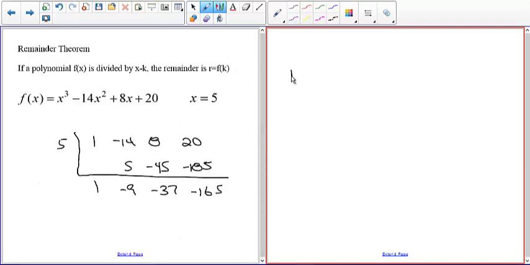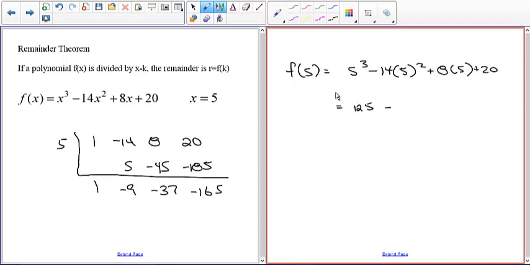But if I evaluate the function at x equals 5, I'll get 5 cubed minus 14 times 5 squared plus 8 times 5 plus 20. So this is 125. 5 cubed is 125.